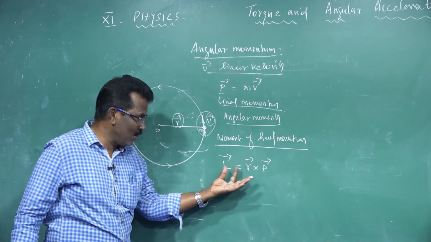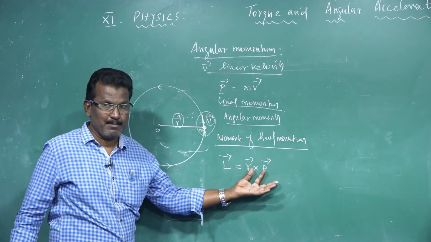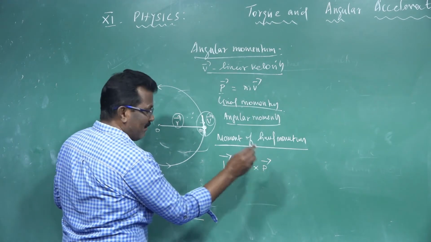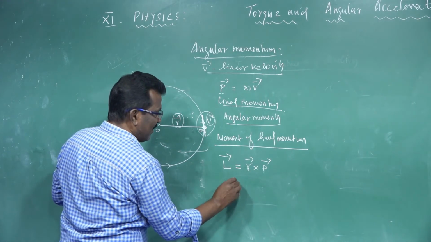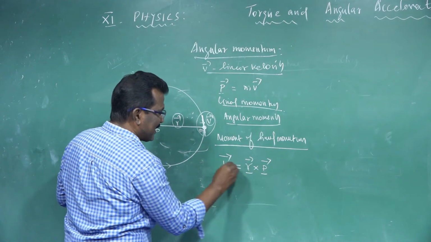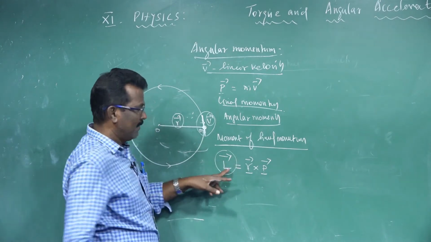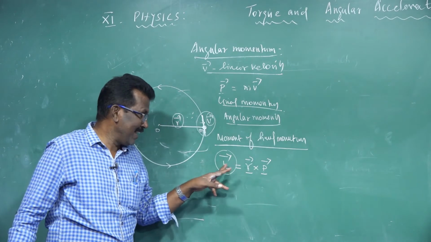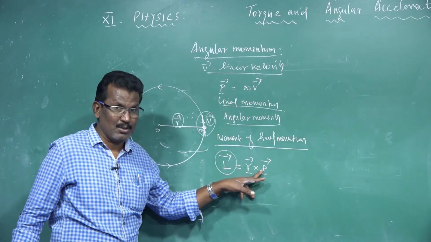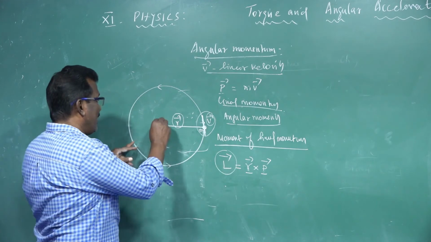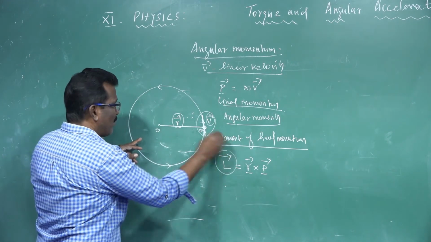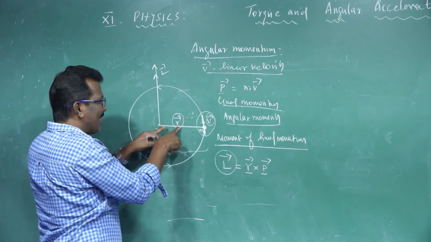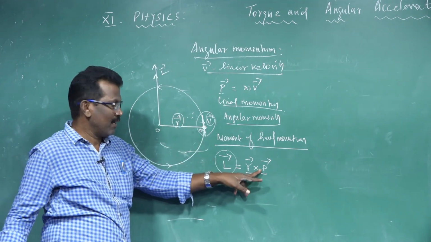So the L vector is equal to r vector cross p vector. What is the meaning of this? The L vector is perpendicular to both the r vector and the p vector. So the angular momentum is perpendicular to both r and p. What is p?